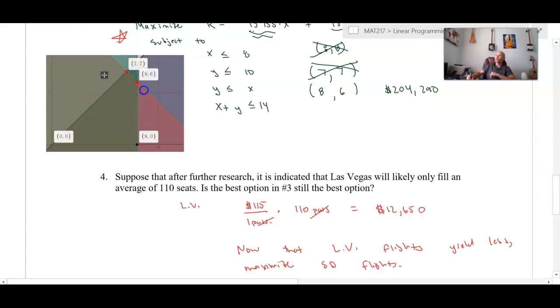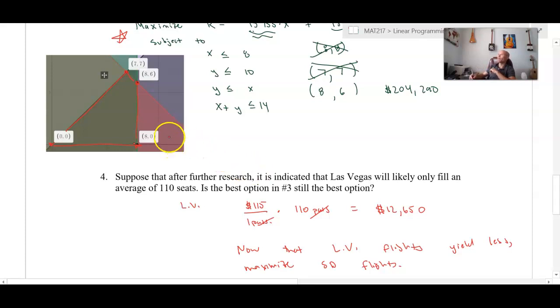So among these 4 points, regardless of what your objective function is, as long as this right here is your bounded feasible region, then one of these corner points will always maximize and minimize an objective function. It just depends on what you're trying to do.